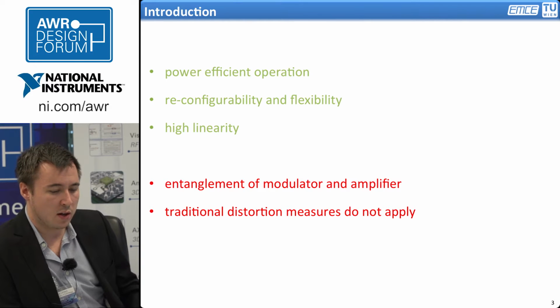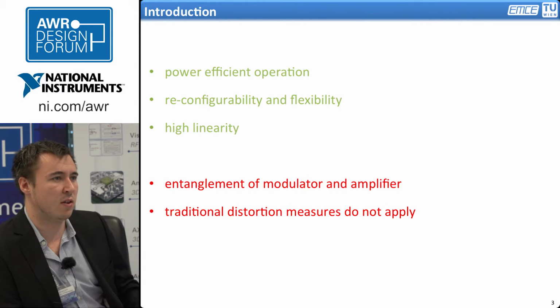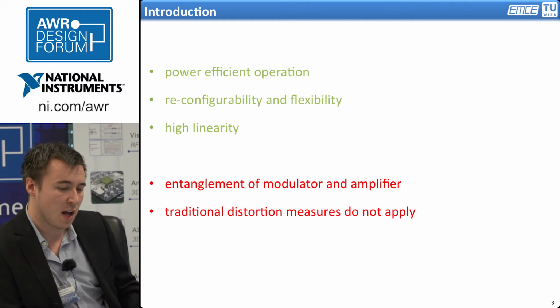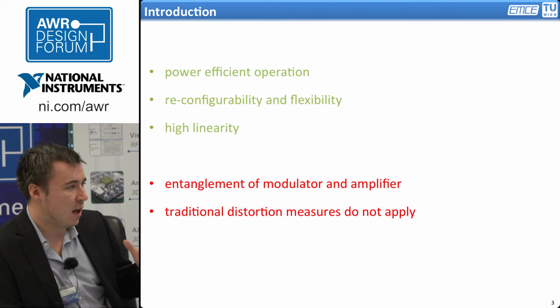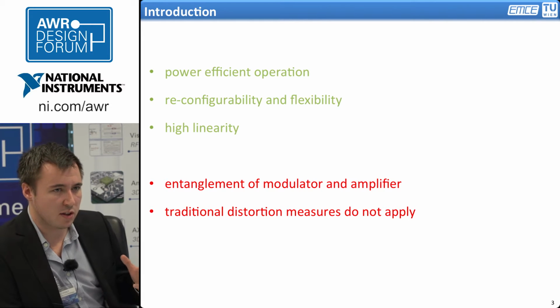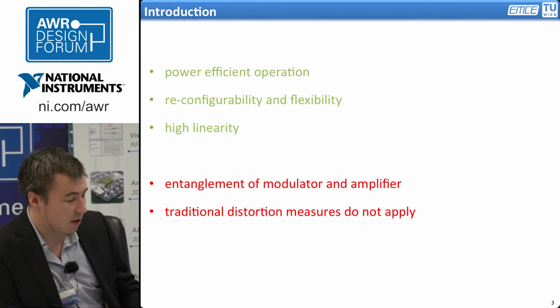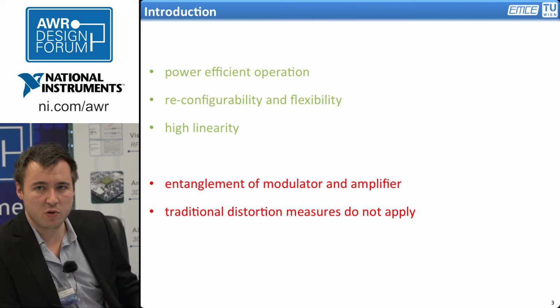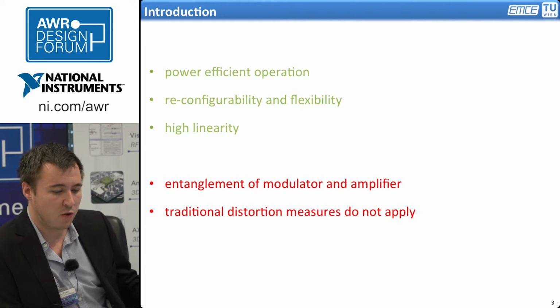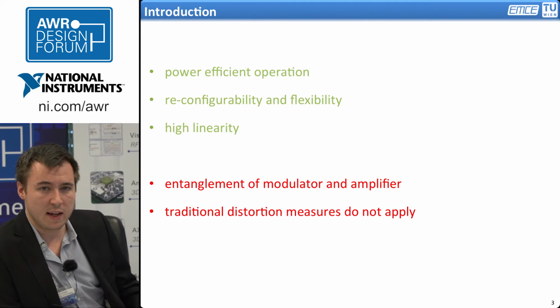We want it reconfigurable with respect to center frequencies, bandwidths, and modulation schemes. We want potentially high linearity. On the other hand, by developing circuits that can do all that, for example the class of all-digital RF transmitters, we throw overboard some very proven basic circuit design concepts, like entangling the modulator and the amplifier itself, and some traditional distortion measures and therefore also circuit design concepts need to be replaced.